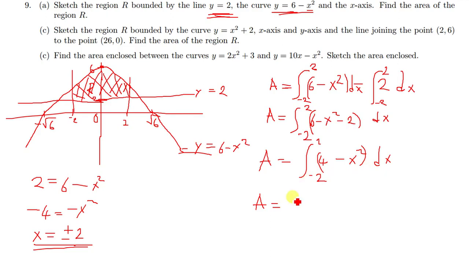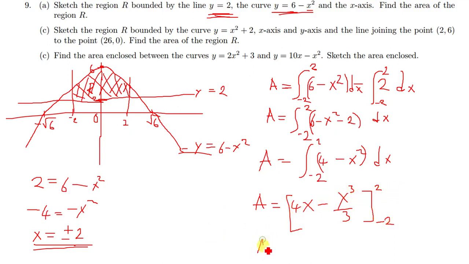Integrating that will give us 4x minus x to the power 3 over 3. And then we don't forget to put our limits, which are 2 and -2 there.